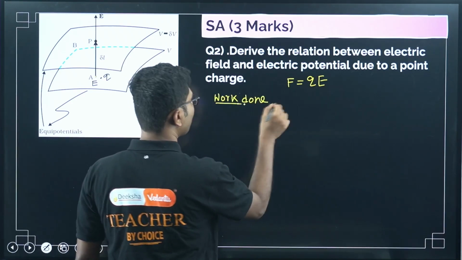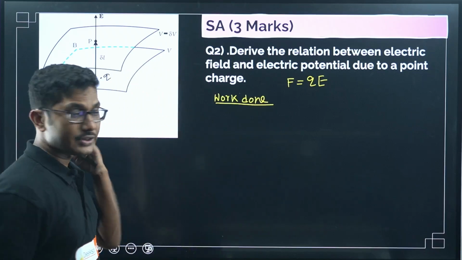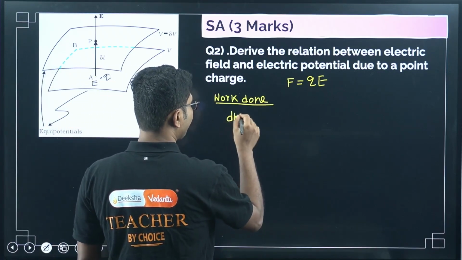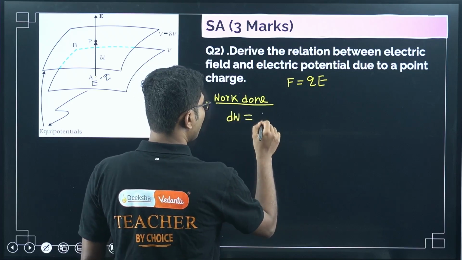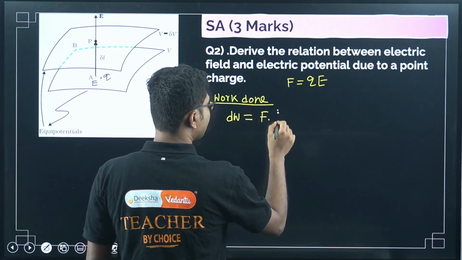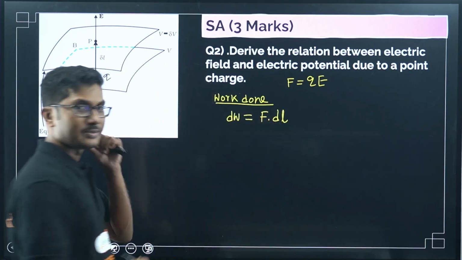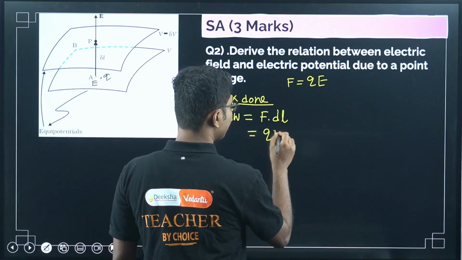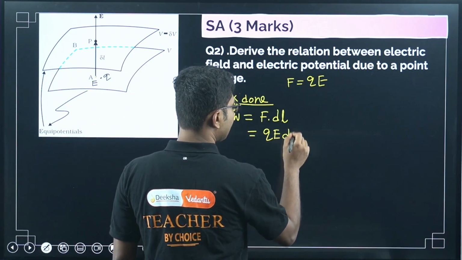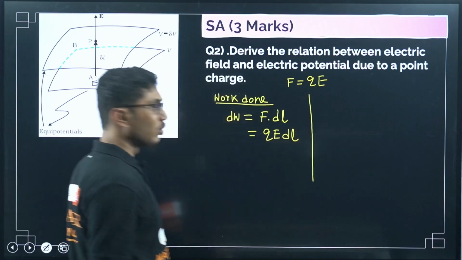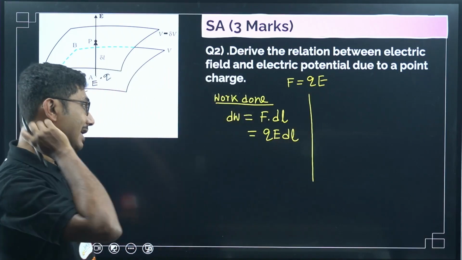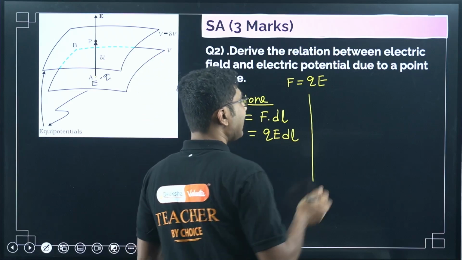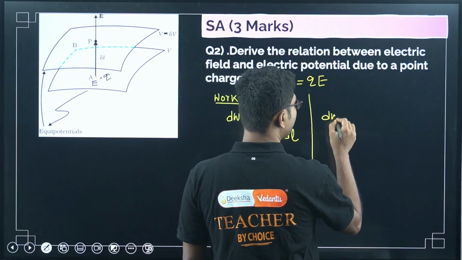What are those? First of all, our old mechanical process: work done dW is given by force times the displacement. So that is QE times dl. This is our old method. And what is the new method? The new method is from the definition of electric potential.